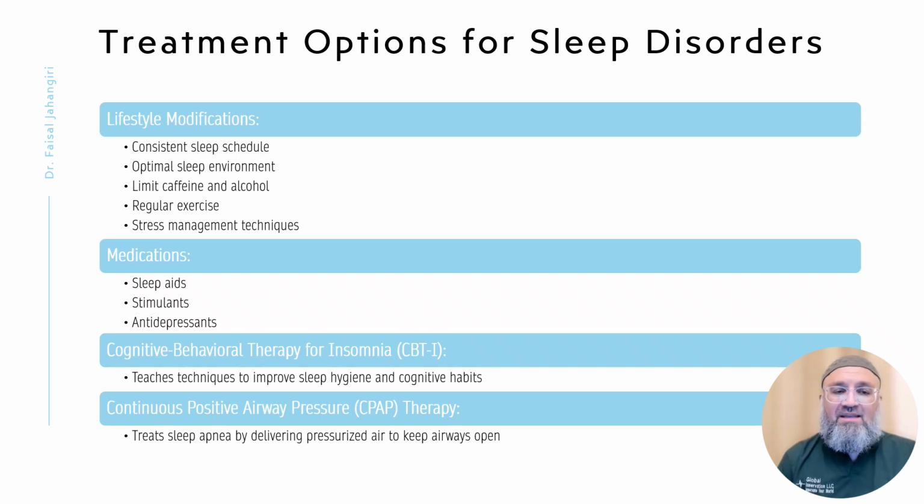Different medications can also be used if these modifications don't help: sleeping aids, stimulants, and also antidepressants. But antidepressants are the last line of drug because they have severe side effects and should not be prescribed on a regular basis.